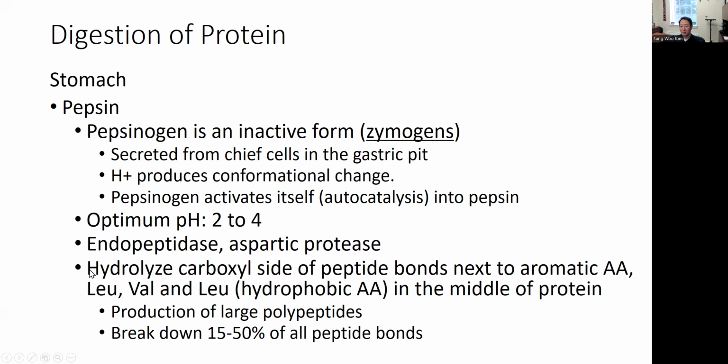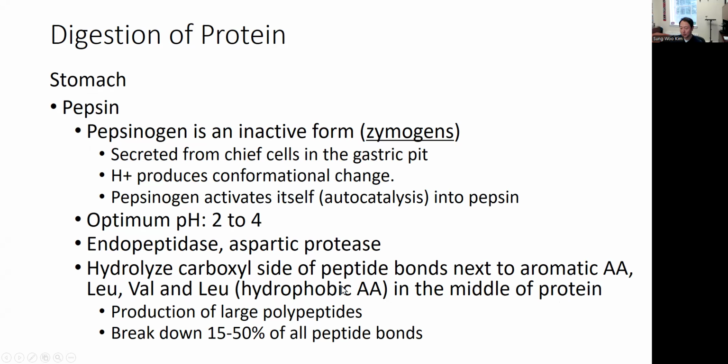What pepsin does is cleave peptide bonds. Randomly, well, actually it is not random, it will find aromatic amino acids. It will find hydrophobic amino acids in the middle of the protein, in the middle of polypeptides, and will cleave peptide bonds within that.